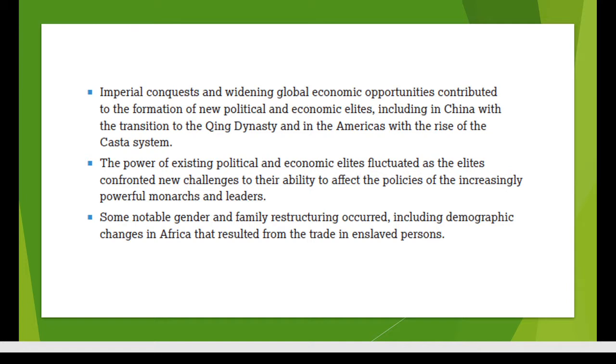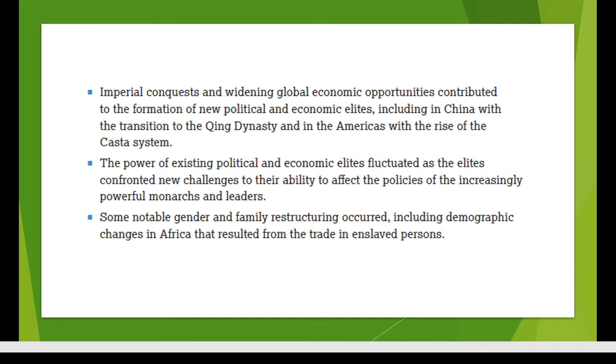In terms of gender and family restructuring, think about the fact that if you're a merchant family, your family size is going to start to decrease, so fewer children, because children were primarily used for agricultural labor, and obviously we don't need that as much anymore. Women in some parts of the world are going to see increasing status.